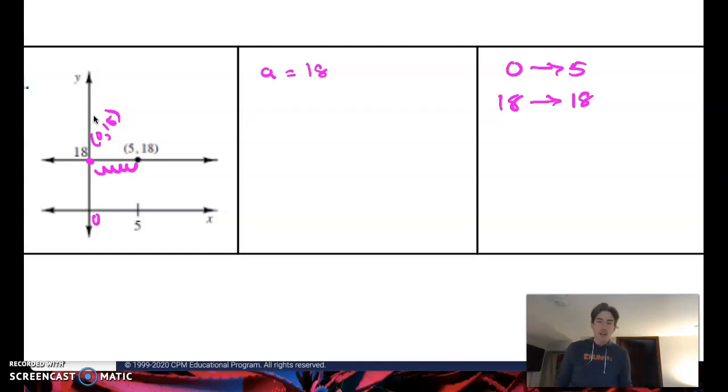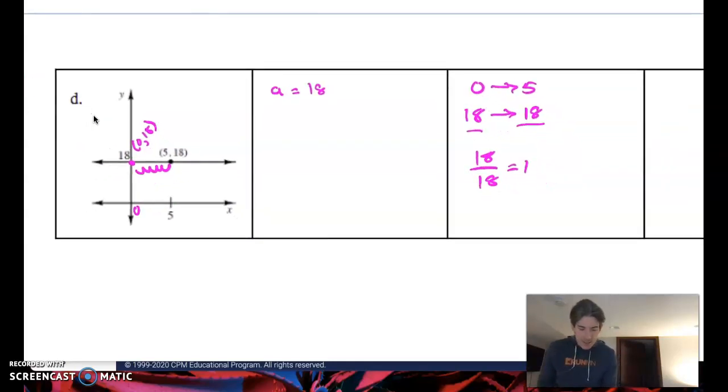Okay? But what I notice is that the y value does not change. And I'm going to treat this just like I did in C then. I'm going to take 18 and divide by 18, and this is going to be not very exciting. It's 1. Okay? So what number can we multiply by itself 5 times and get out 1?